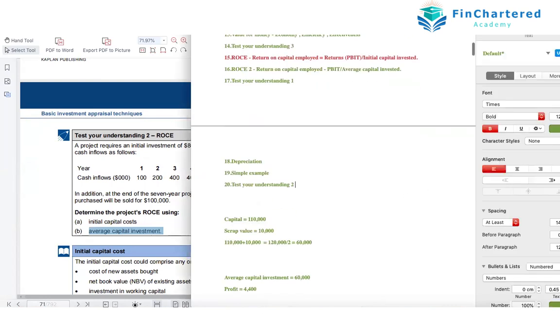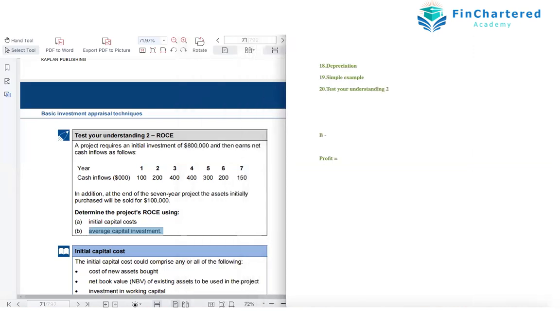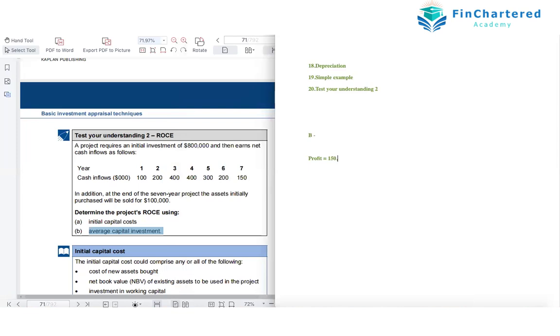Okay, so we can complete the day with test your understanding 2 part B. Again, remember the first part will stay the same. Profit was how much? Average profit? 150, are you sure? Not 250? 150. Profit was 150. And now the capital invested will be, how will you calculate it? Average you will take 800,000 at the start plus 100,000 at the end divided by 2.